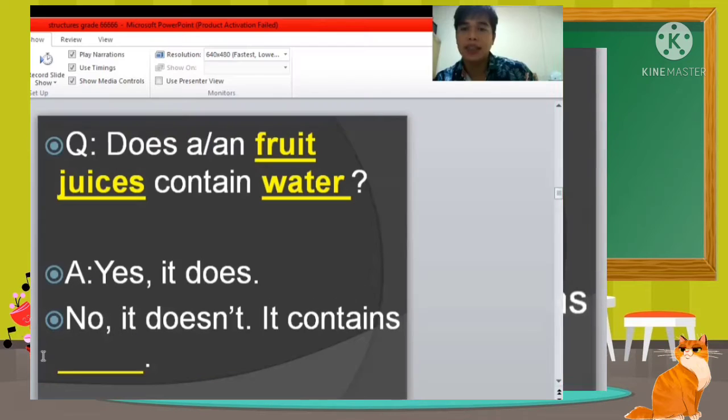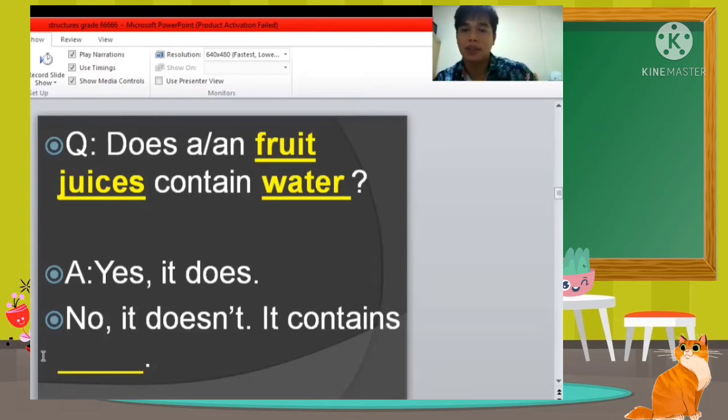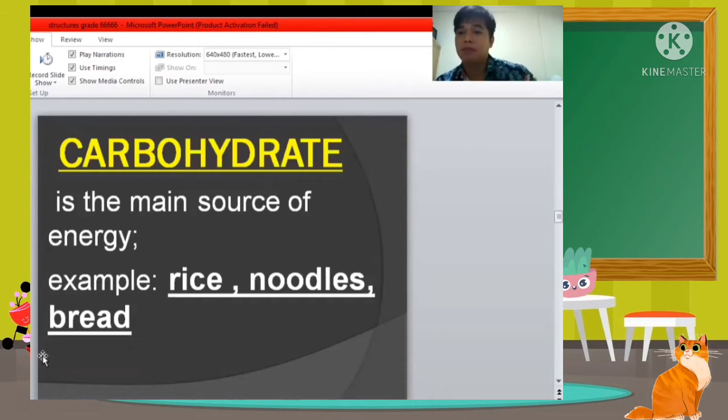Does a fruit juice contain water? You're going to answer, yes, it does, or no, it doesn't. It contains blank.